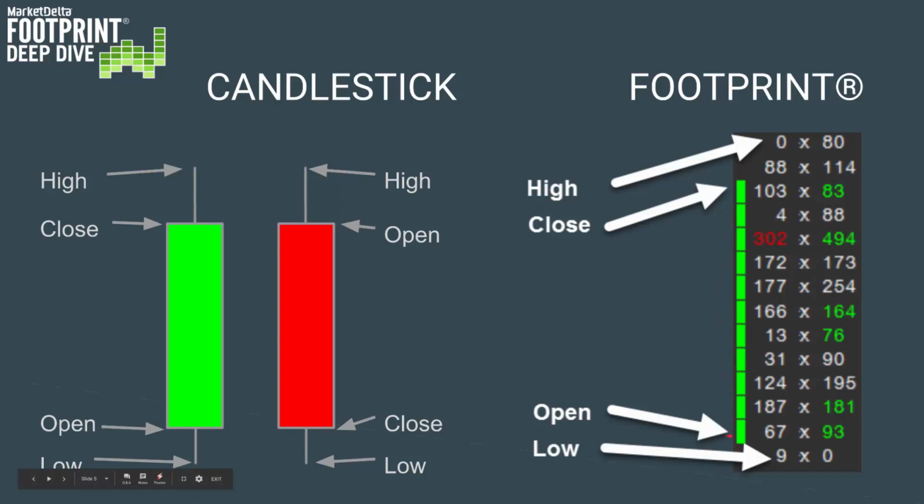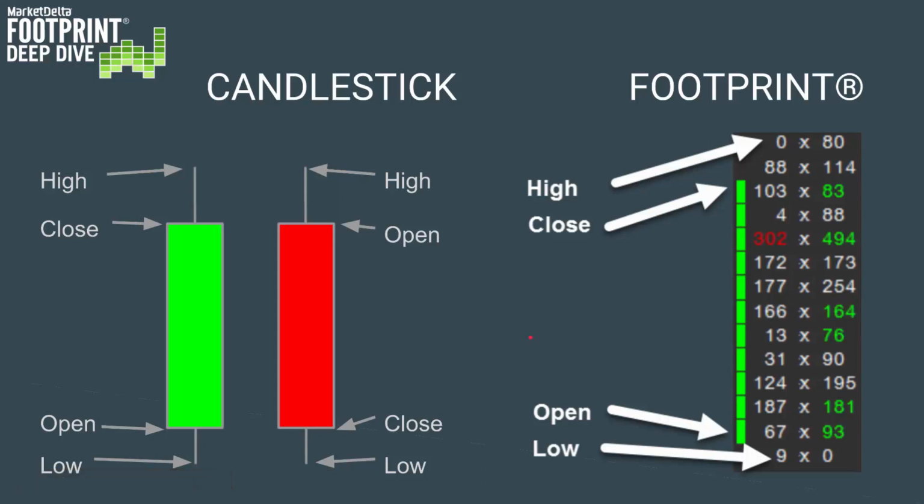It opened at this price, closed at this price, and these two up in here would represent the upper wick, this portion up here. And then this low price would be the lower wick, which would represent what you see here. So you still have all the attributes of a candle. It's just now you've got the exploded view, or this understanding of the volume and the order flow within each price.